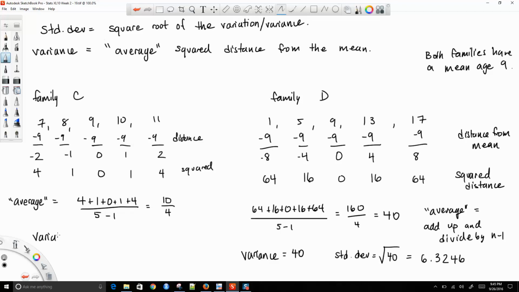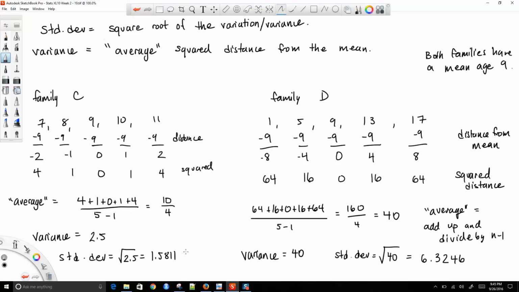Okay, so my variance is going to be 2.5, and my standard deviation is going to be the square root of 2.5. And I get something like 1.5811. I'm not sure if I did that too quickly, but I will have these notes saved, and you can always go online and work through it.